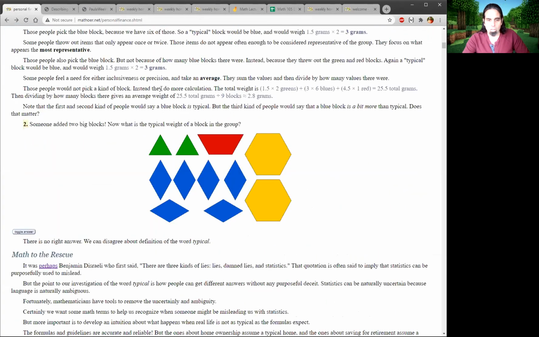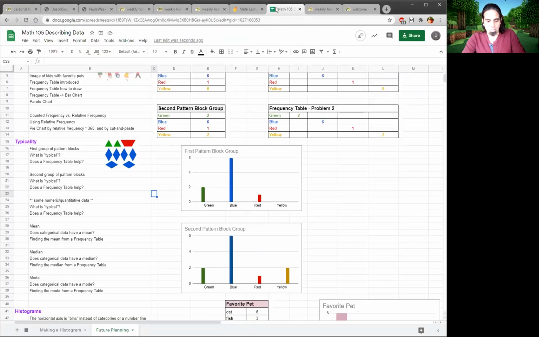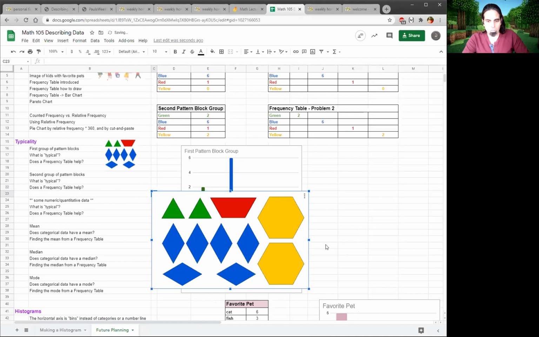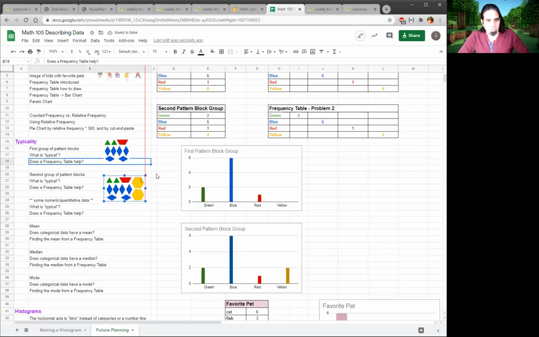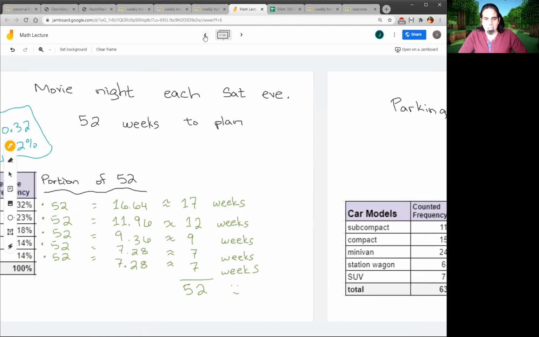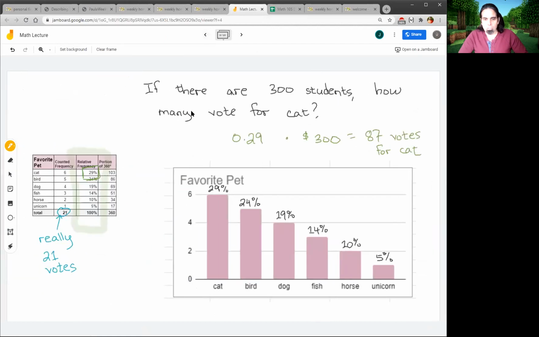Then there was the second group of pattern blocks, where we put in these big ones to cut it even more often. There's a tension here, that part of what I want to teach you is that it's easy to ask absurd questions with data. If someone says, what's the average pet, then that's not a good question, right?